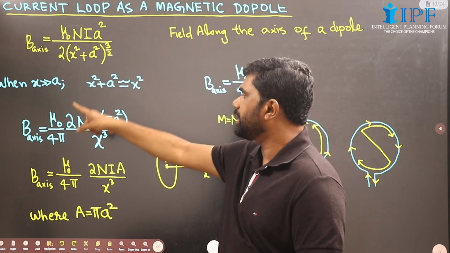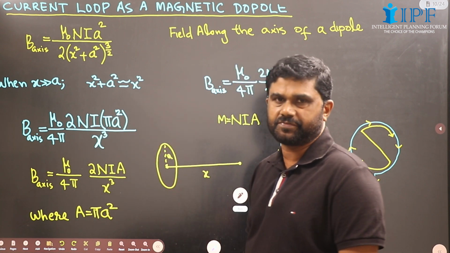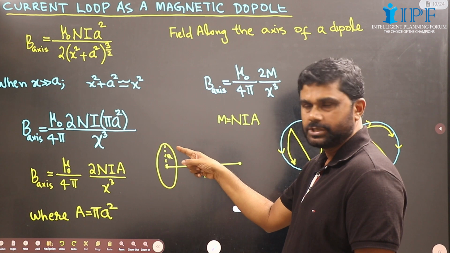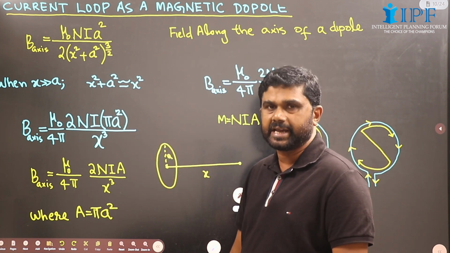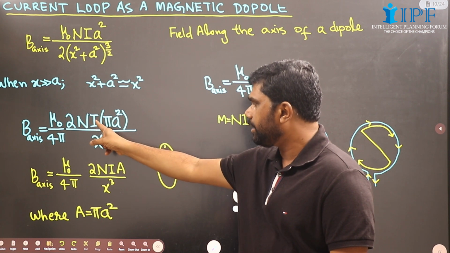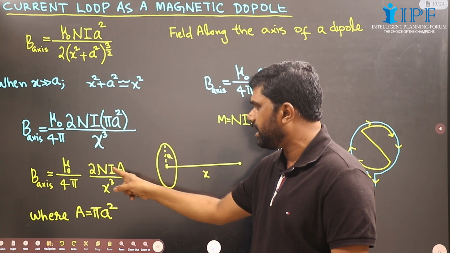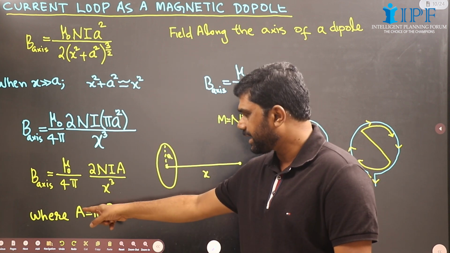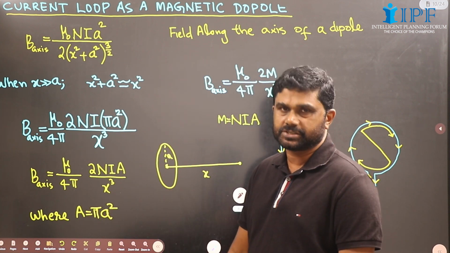Mu 0 Ni a square, that's fine. This pi a square is the area of the loop, so pi a square is replaced by capital A. Then N is there, I is the current through the loop, and this is the area, then 2 and mu 0 by 4 pi x cube, where capital A is the area pi a square.